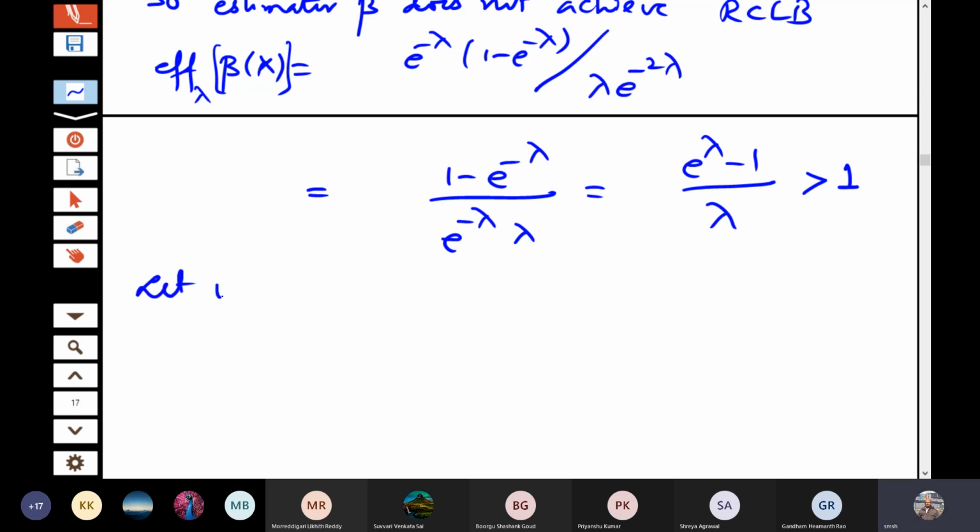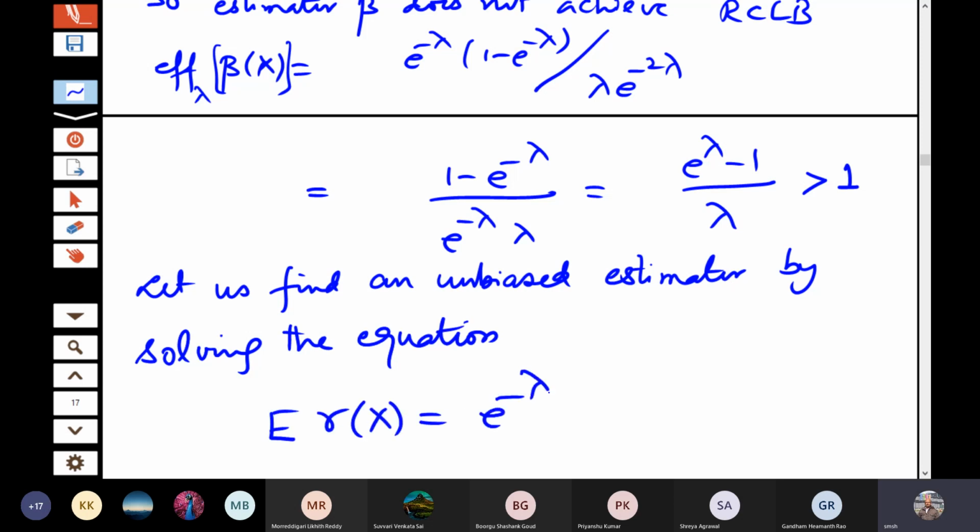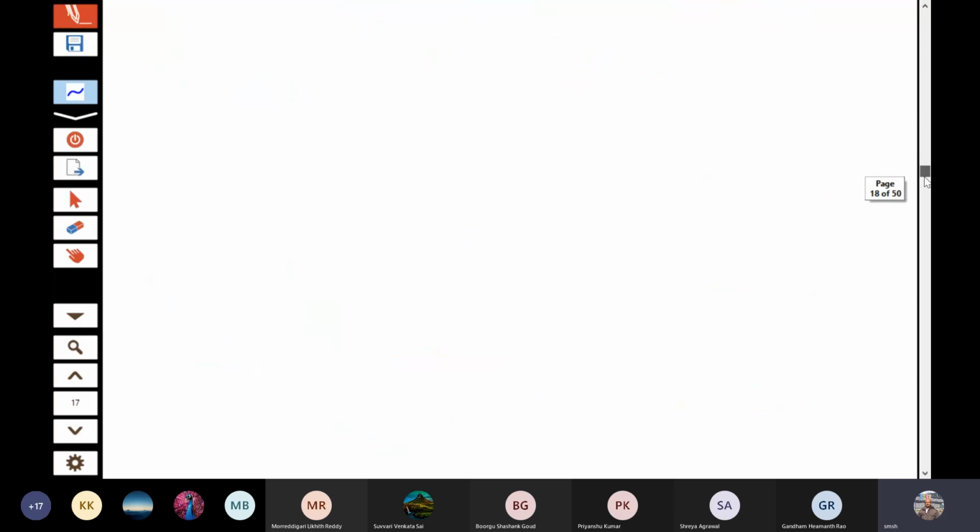Let us find an unbiased estimator by solving the equation, say expectation of gamma x is equal to e to the power minus lambda, where gamma I am taking to be an unbiased estimator.